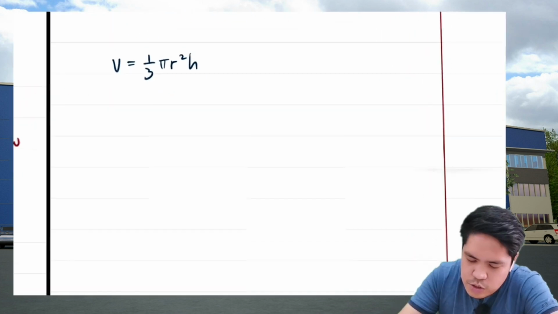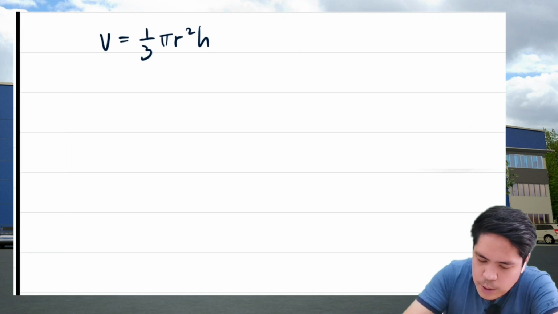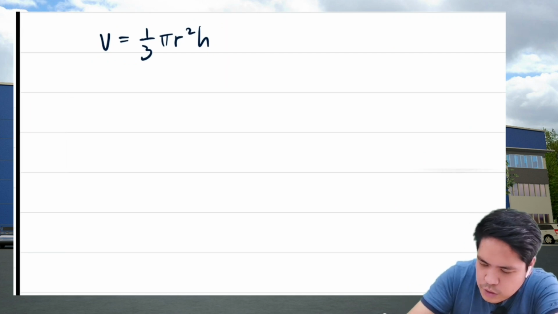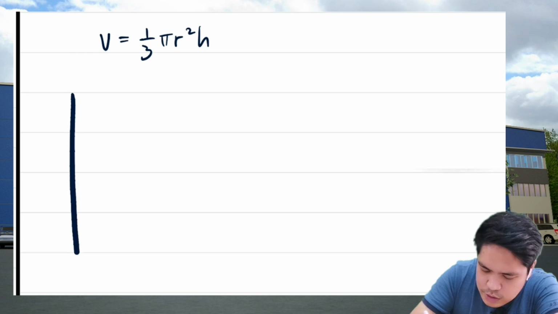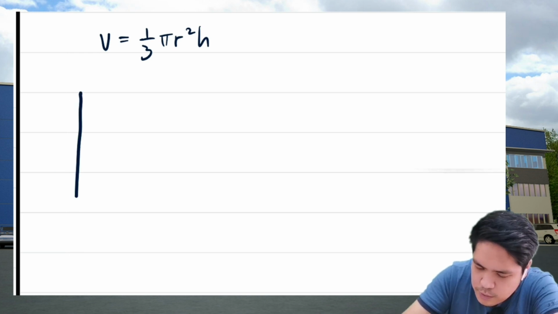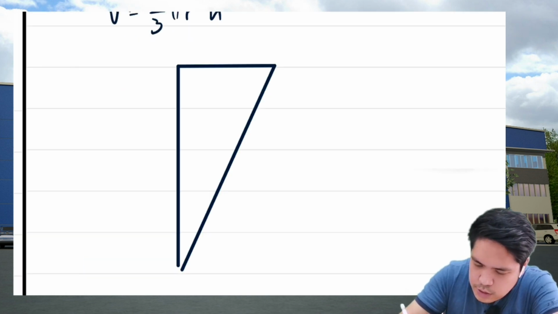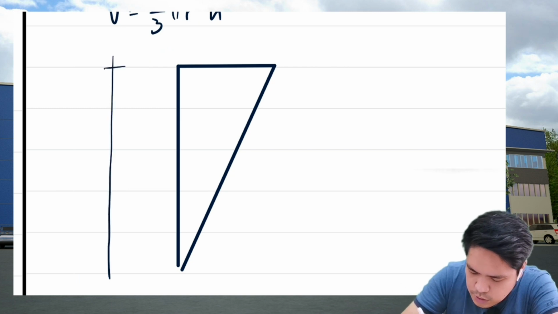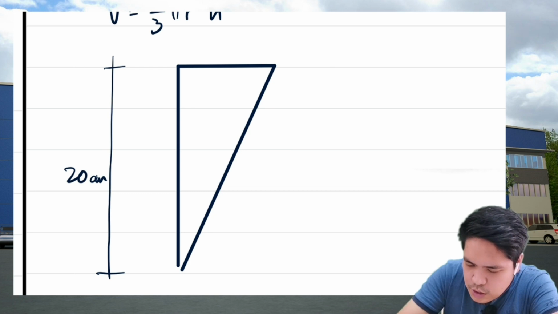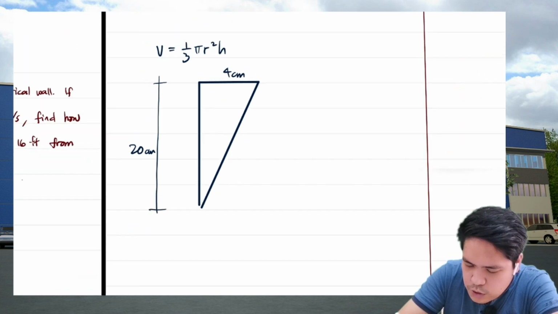So we could form two similar triangles from the figure. If we draw it, let's say this is the container. The dimensions would be, this is 20 centimeters and this is 4 centimeters.